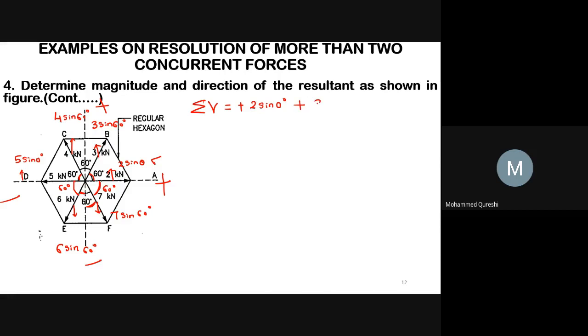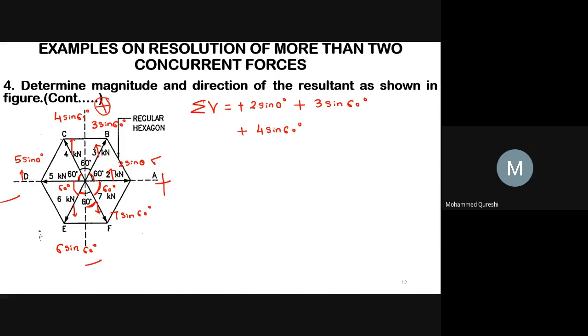So plus 3 sine 60 degree. Then our next component is 4 sine 60. It is also in the second quadrant, and in the second quadrant our vertical component will be plus. So plus 4 sine 60 degree. Then here 5 sine 0.